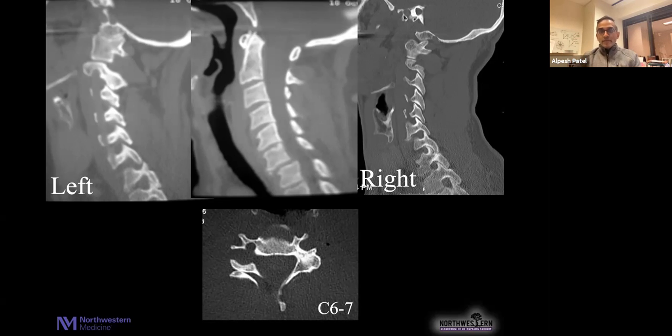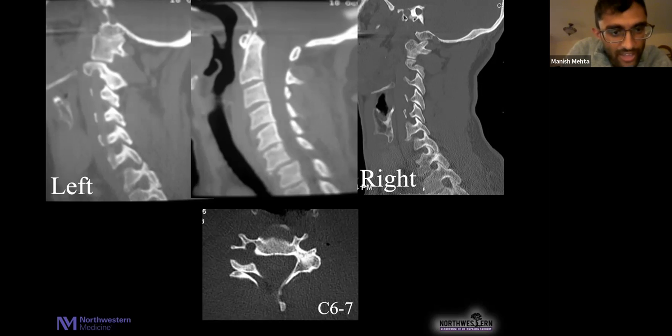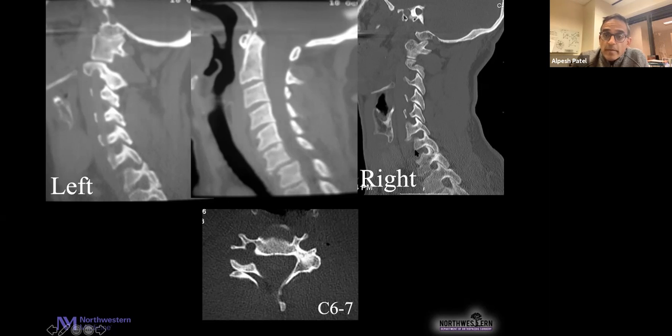I got the right and left mixed up here. Sorry. The left is the right side, the right is the left side. So on the one on the right, it's listed as the right, but it's the left. It looks like there's a pars fracture there that's giving rise to that. There could be a little fracture there.